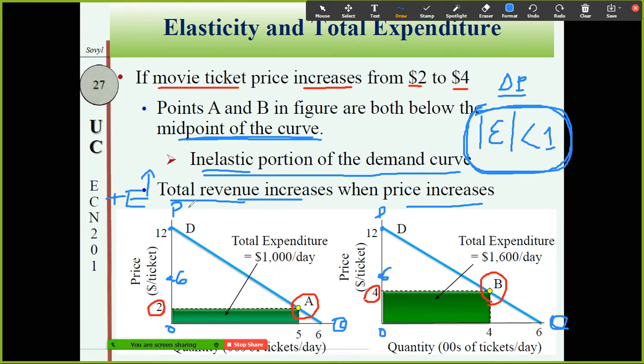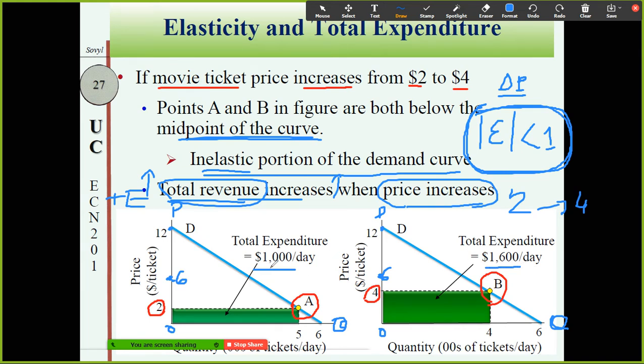Okay, because in the previous slide we looked at that total expenditure of the demand side is equal to total revenue of the supply side. So when the price goes up, for example, from $2 to $4, the total revenue received by the seller also goes up. From how much? Based on this one, from $1,000 per day to $1,600 per day.